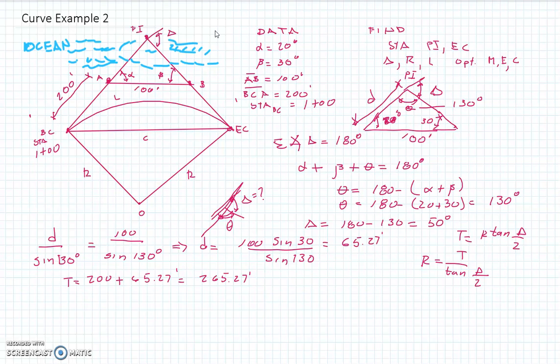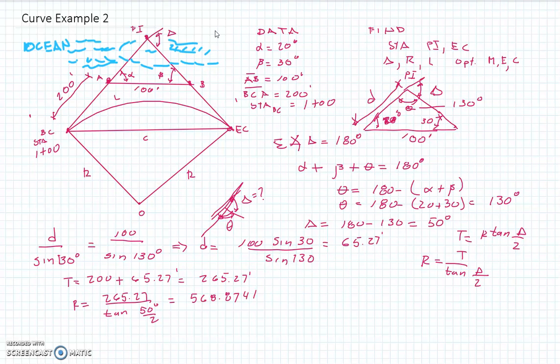So the radius is equal to the tangent that I found, 265.27, divided by the tangent of delta, which is 50 degrees divided by 2, and that gives me 568.8741. So I found my radius.